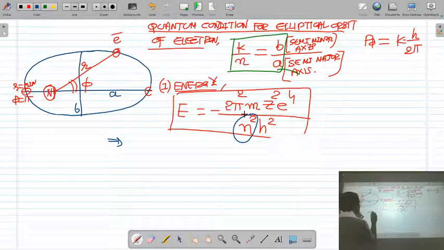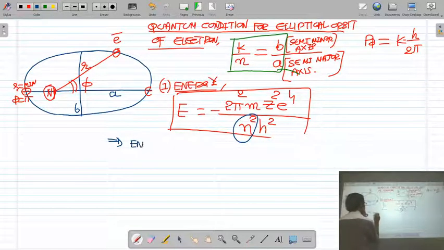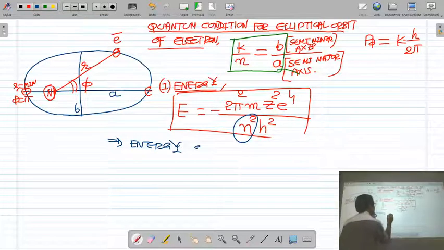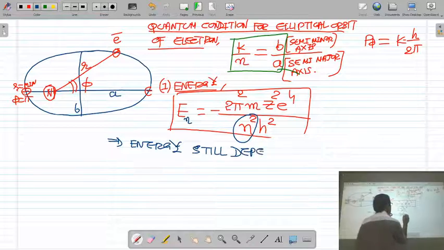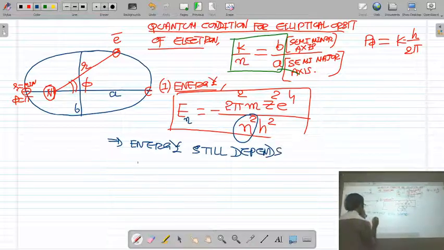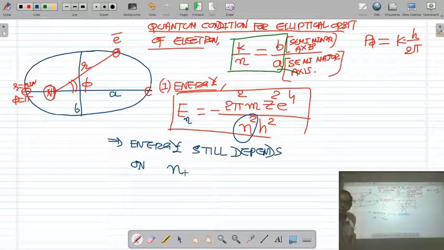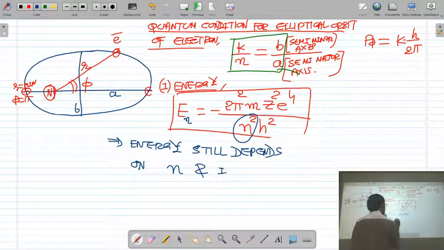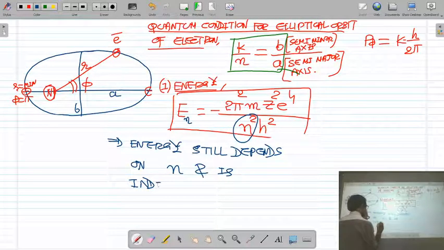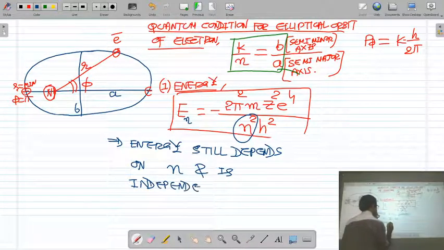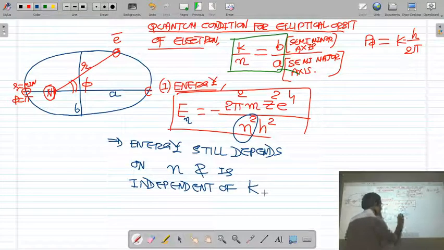This expression says that the energy still depends on the principal quantum number n and is independent of the azimuthal quantum number k.